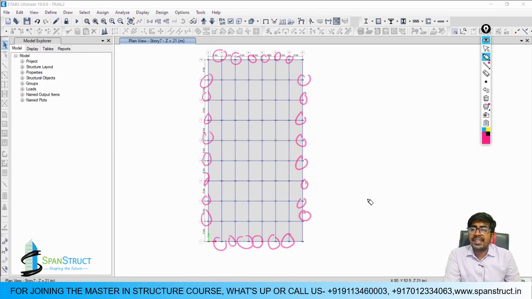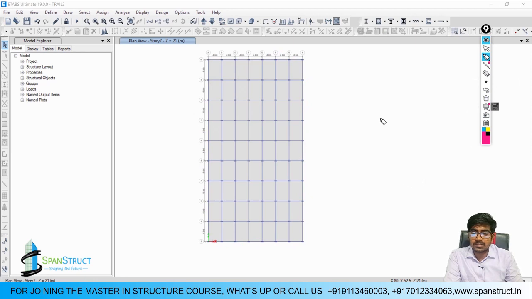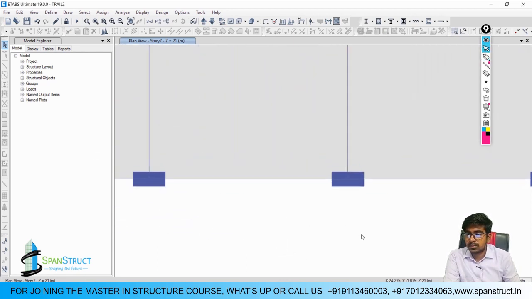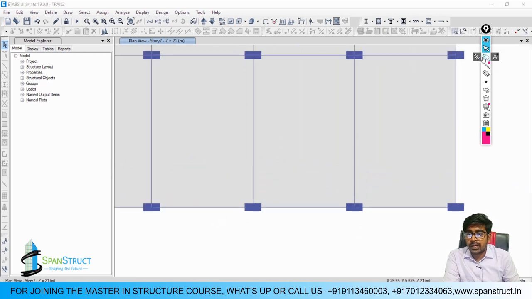If you look at the interaction diagram of this column, it will look something like this. Suppose I am taking an example of this column. You will find in this column that this span is equal to this span.